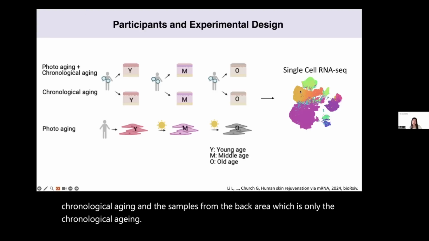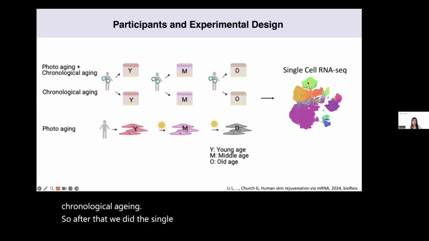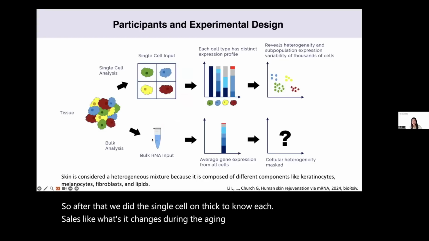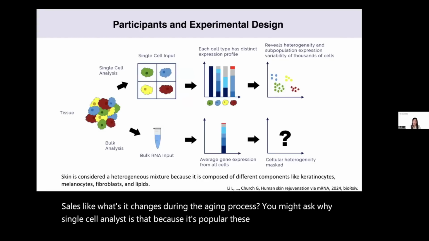After that, we did single cell RNA-seq to see what changes in each cell during the aging process. You might ask, why single cell analysis? Is it because it's popular these days? Actually, this is just one of the reasons.